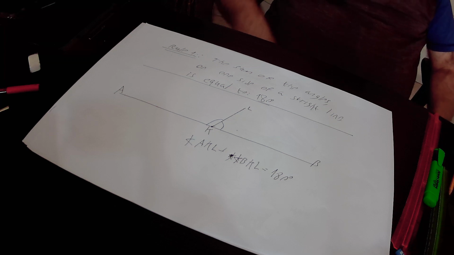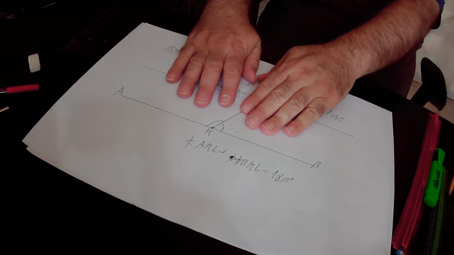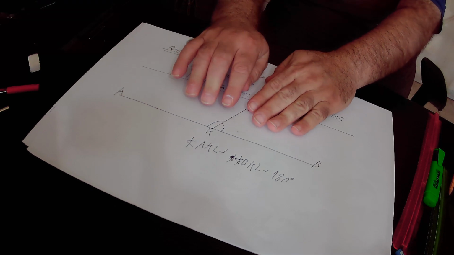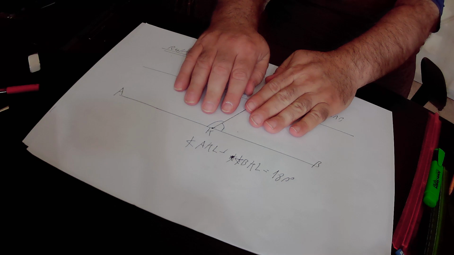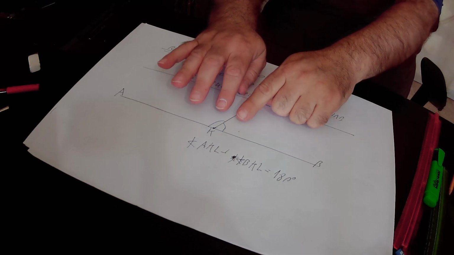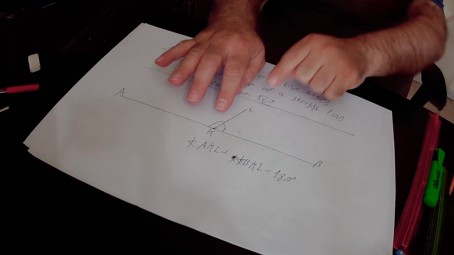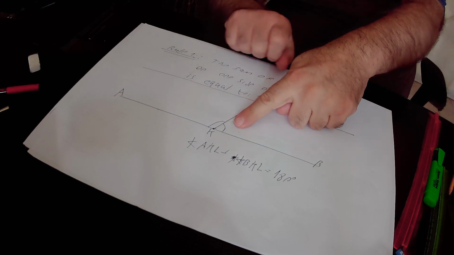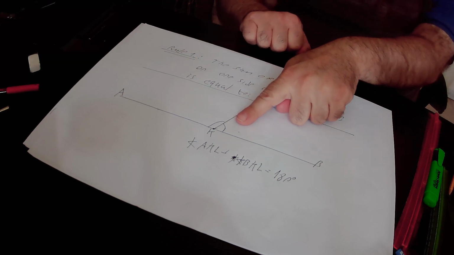So if we focus on the upper side of the straight line AB at point K, here the sum of the angles must be equal to 180 degrees according to rule number 1. Which angles do we have at the upper side of AB at point K? We have this angle, that is angle AKL, plus this angle, that is angle BKL.